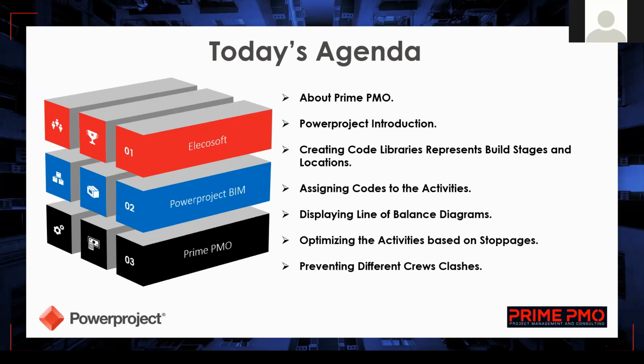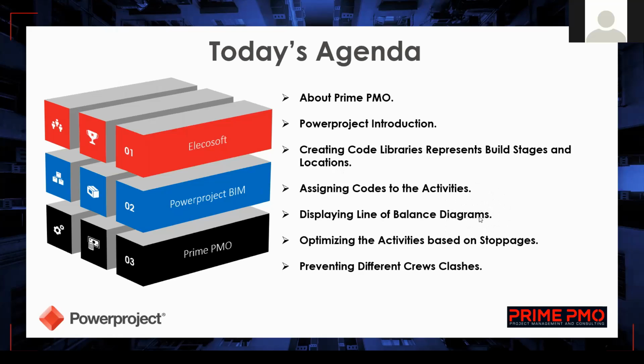I see that many planners and project control professionals are in this webinar, and also Microsoft Project users can be aware of the codes. Then we're going to assign these codes to our activities, which are going to consist of the build stages, or it can cover any disciplines. And we also need the locations.